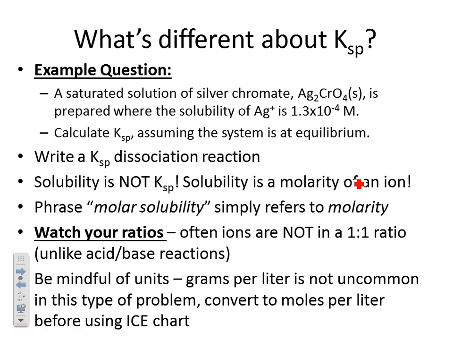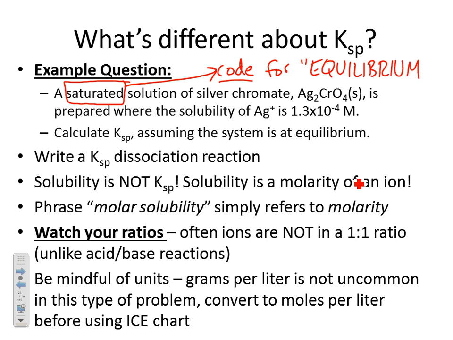A couple key points, and one that I neglected to include in the type on this slide, unfortunately. Saturated. This is a big one for Ksp problems. This is code for equilibrium. So when you see a Ksp problem say that it's saturated, that is telling you that it's at equilibrium.